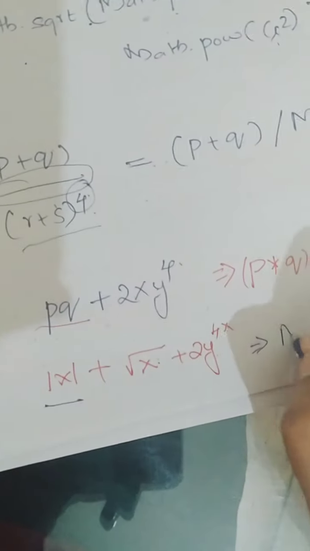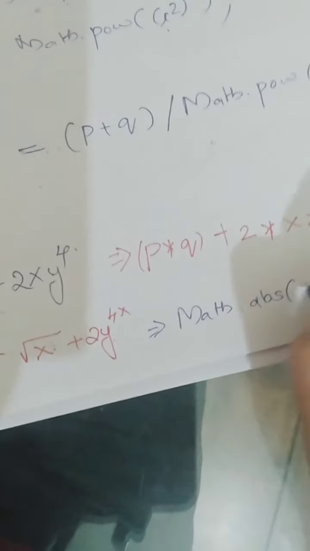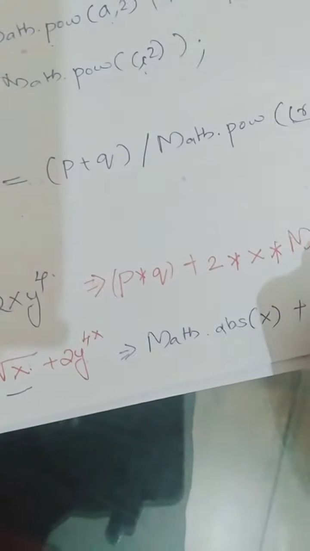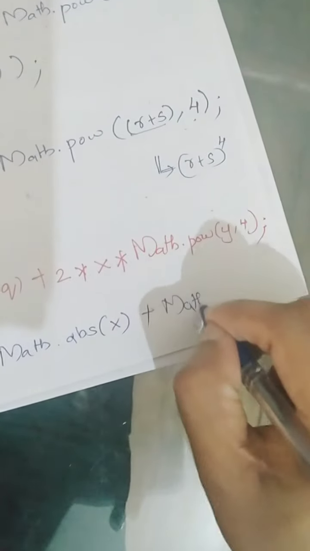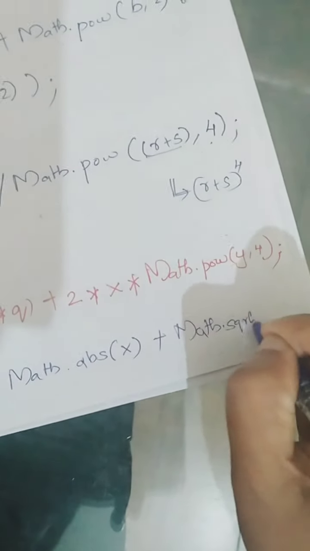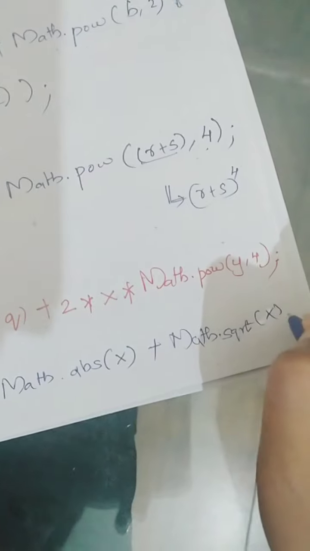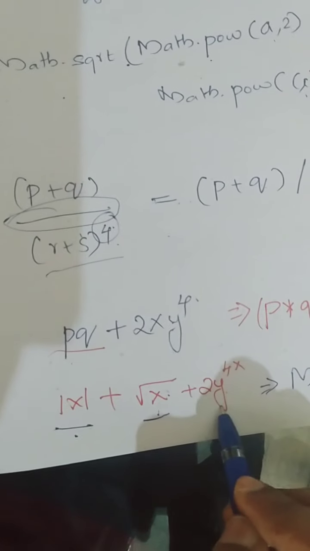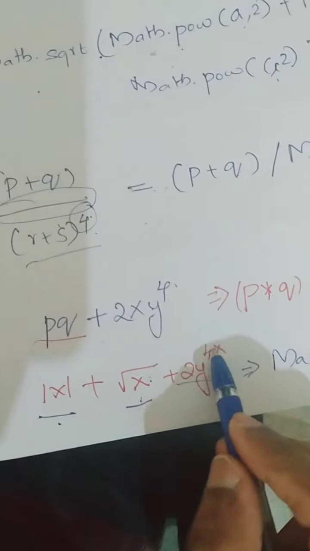So it is equal to Math.abs(x) for this portion, plus next you have square root, so Math.sqrt(x) plus 2y raised to 4x.